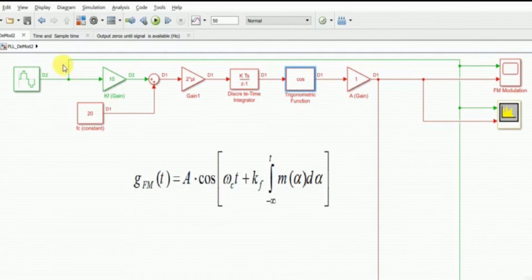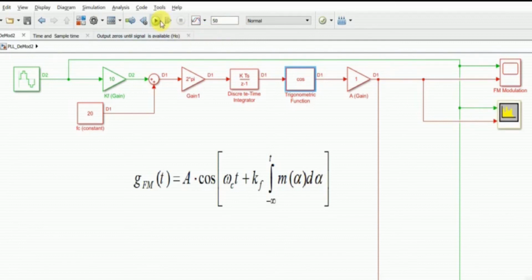At the same time, message signal is also fed to a scope. Also, the message signal is fed to spectrum analyzer, and the frequency modulated signal, this is the output, is also fed to the scope.